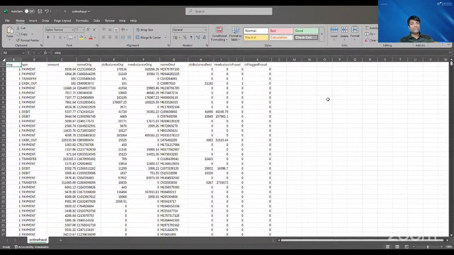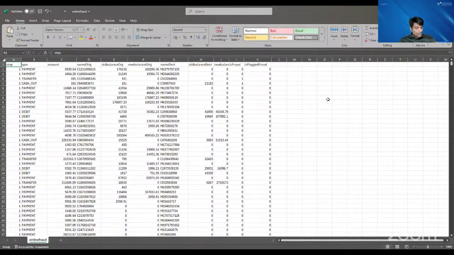You're trying to identify fraud detection by using a model that predicts, for a particular transaction, whether the transaction is fraud or not. That is our scenario.